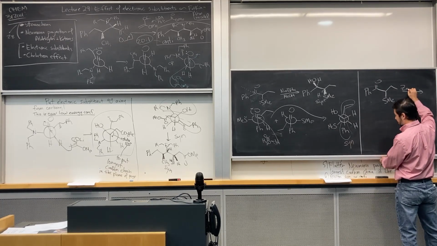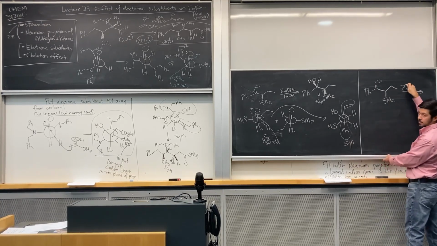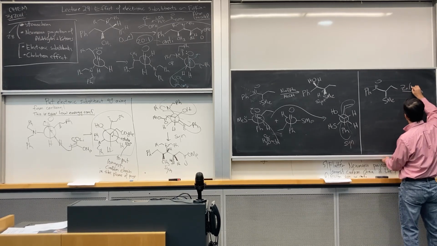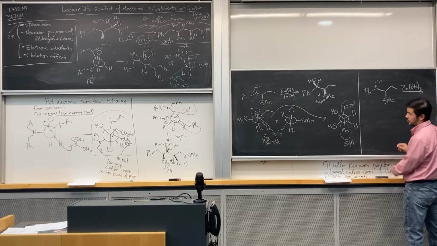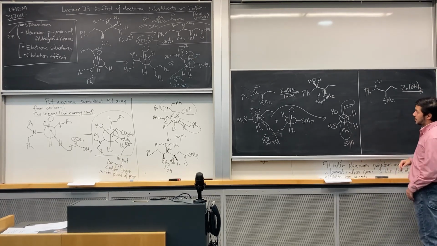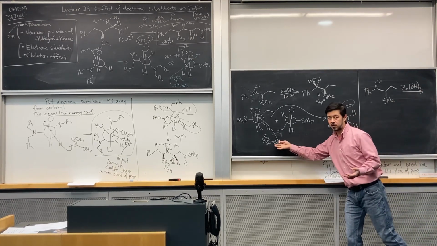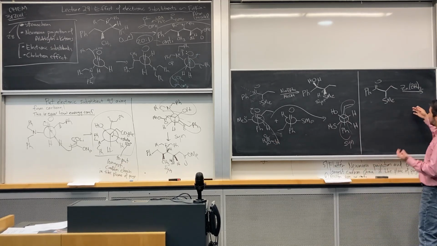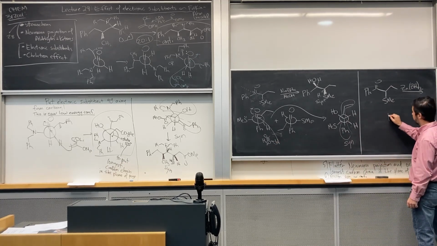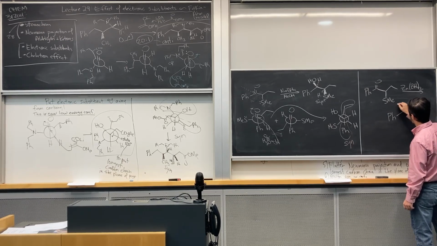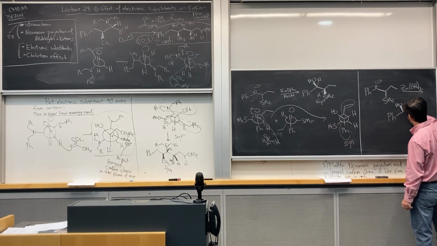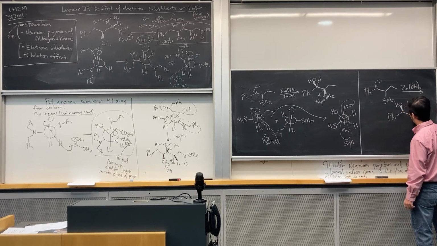And zinc is divalent, with a +2 charge, so you're going to have two borohydride units attached to it. The same type of nucleophile is going to attack, but if you do this reaction, you actually observe the other stereoisomer.